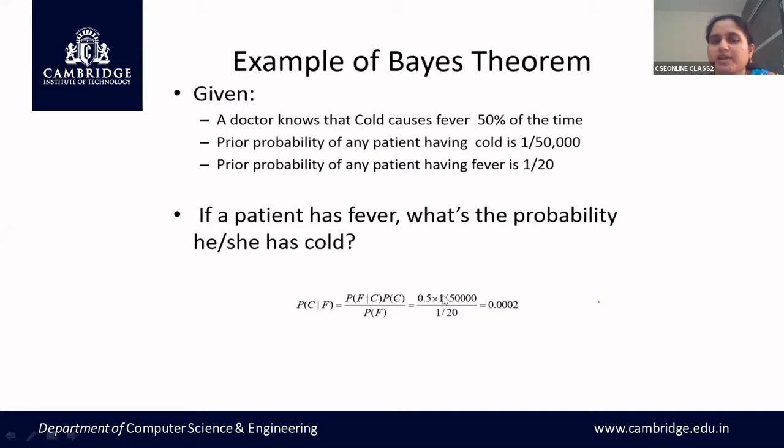So if you multiply 0.5 with the prior probability of cold divided by prior probability of fever, the probability is got as 0.0002, which is approximately equal to 0, which means that the probability of getting fever when a patient has cold is 0.